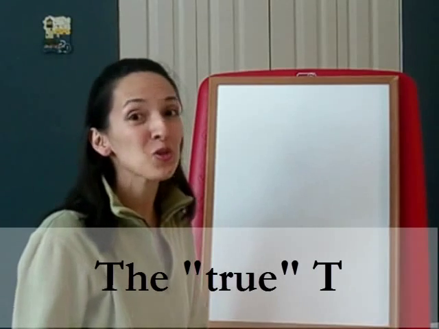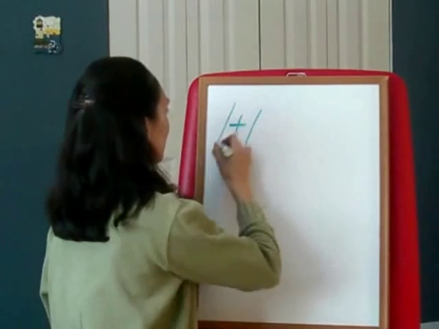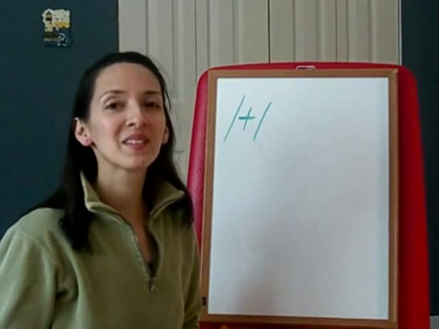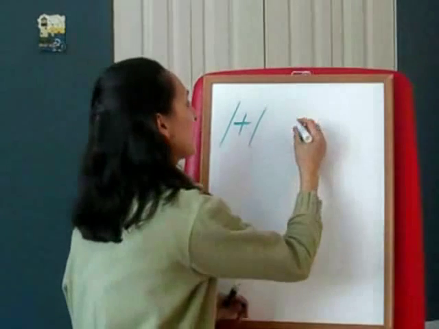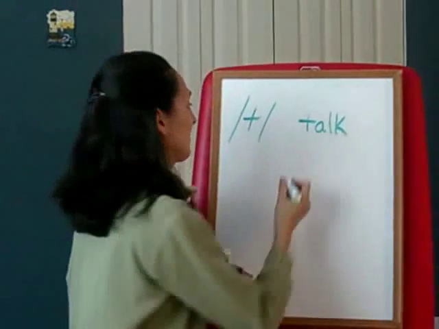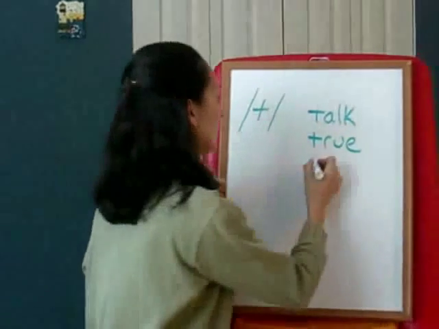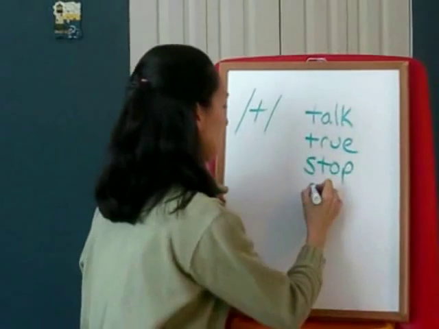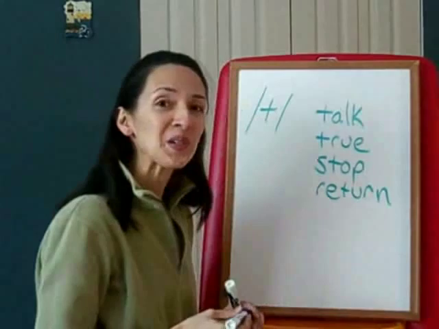Let's first talk about a true T sound. A true T sounds like this. T, t, t. You hear this sound in words like talk, true, stop, return.